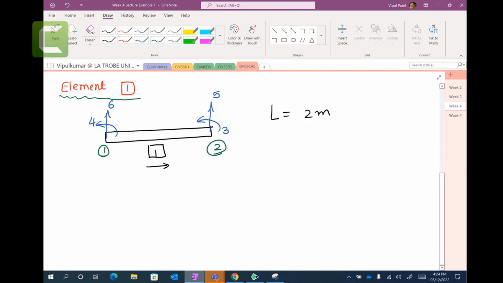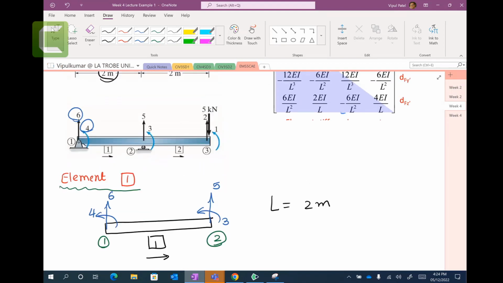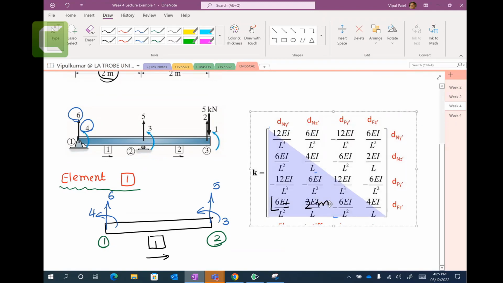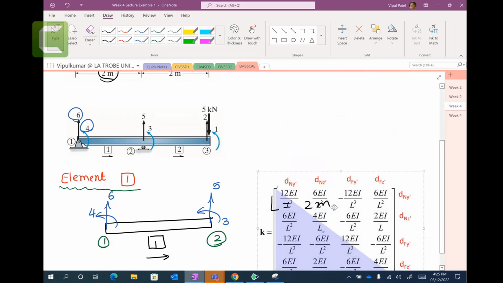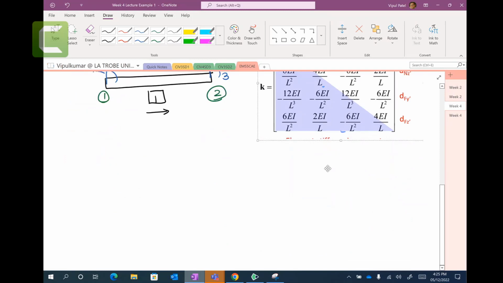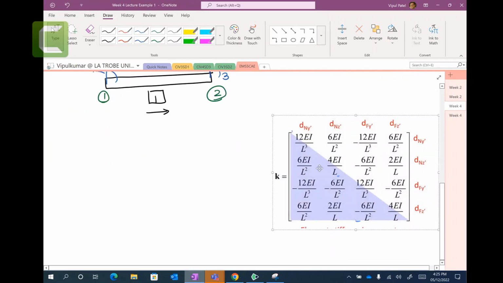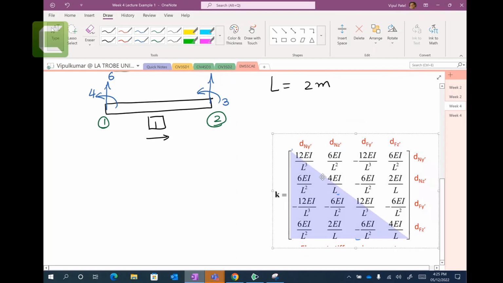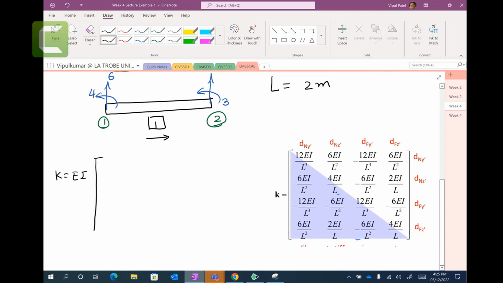Now, if you understand these, then if I just use these equations and bring them down here, it would be more useful to keep them in front of us. Now in here, I can see this EI is the same everywhere, so I can take the common EI out.